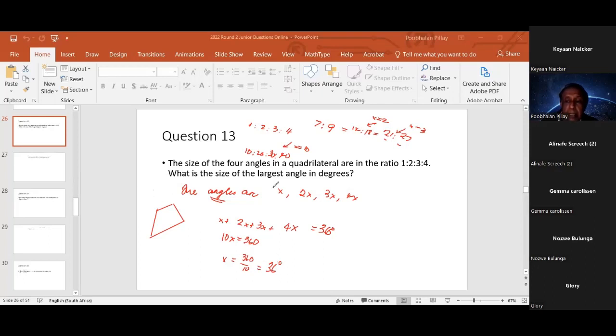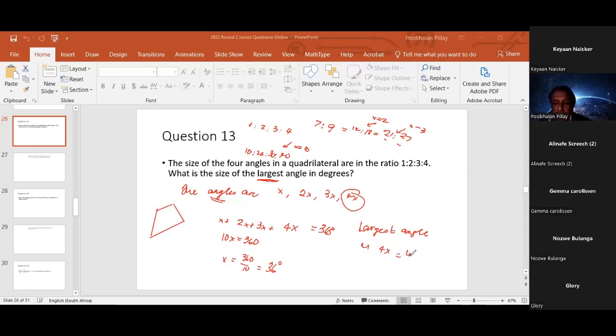Remember, these are x degrees. Okay, but the problem was not to find x degrees. The question was what? Always go back to the question. What is the size of the largest angle? So the largest of these angles is 4x that you can see. So the answer to the question is 4x, and we just calculated x.